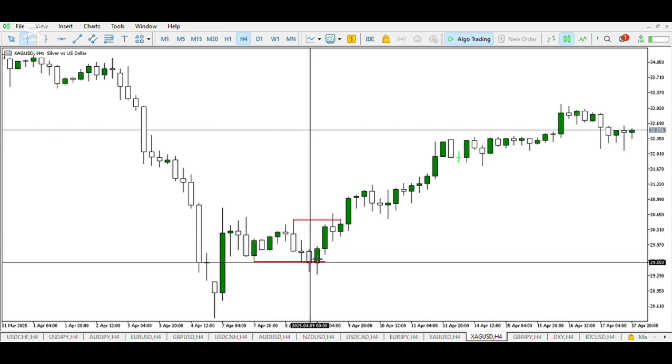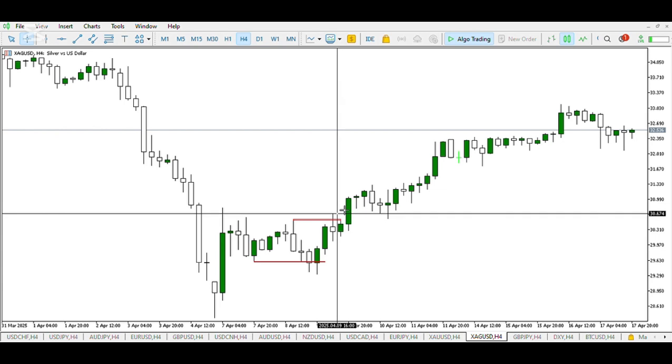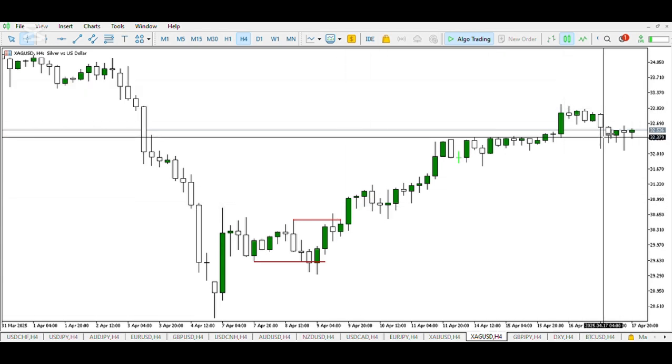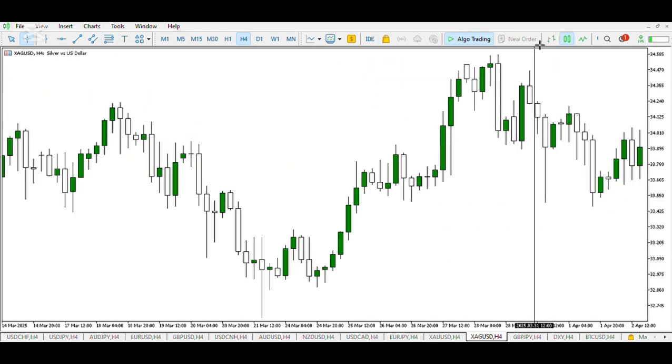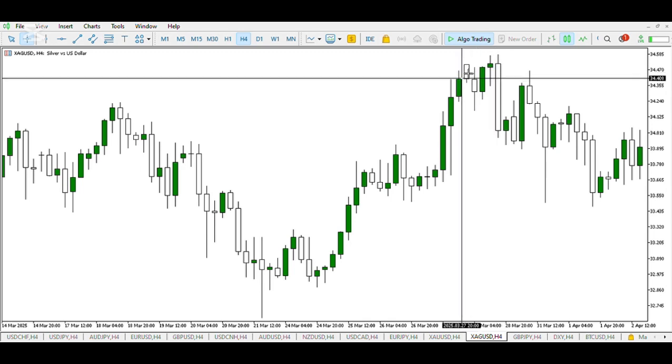Before raiding the stops of the buyers, it induces more sellers to sell more, then moves up to raid their stops and goes up to liquidate the traders that use no stop loss. So from this you should be able to think like a professional trader. You should be able to think like the market makers and act like them.